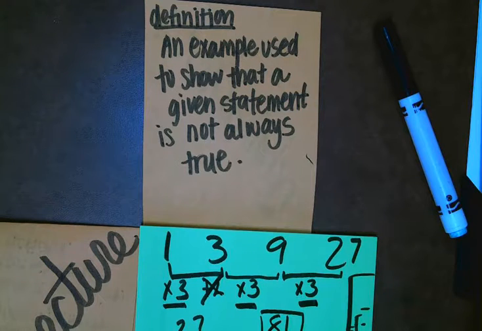If I say all dogs are black, would a counter example be, no way, dude, my dog is black? Does that prove me wrong? No. You cannot just repeat the same example again as a counter example. That sounds silly, but I guarantee you people will do that on the test.